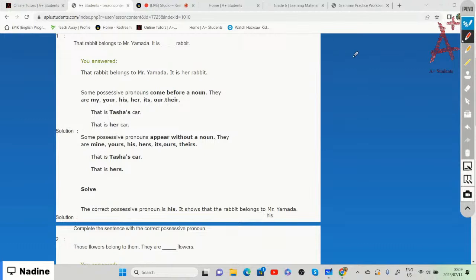All right. So once again, we have some possessive pronouns that appear without the noun, and then we have a few possessive pronouns that appear with a noun, right?